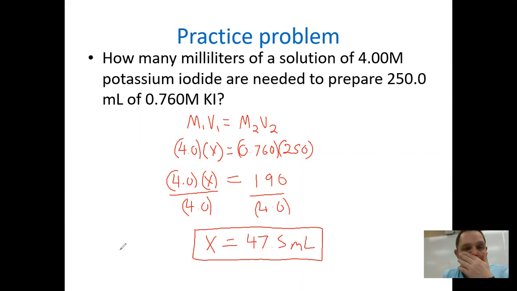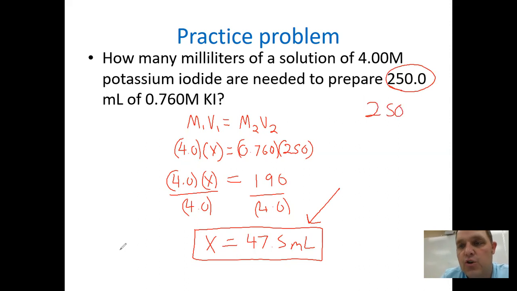Now, let's take a second to think about this. We're taking a concentrated stuff and we're making it less concentrated. We are needing 47.5, but I'm trying to prepare 250. So what's the other stuff? What's the leftover that I need? Well, that's just water.